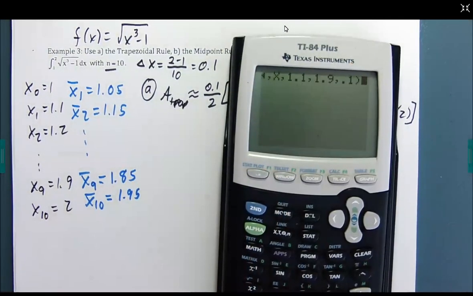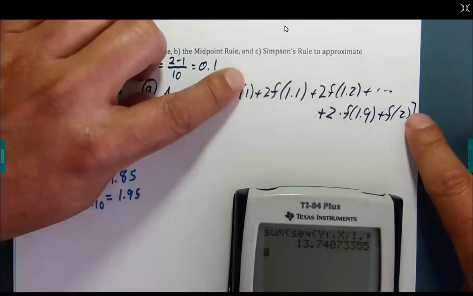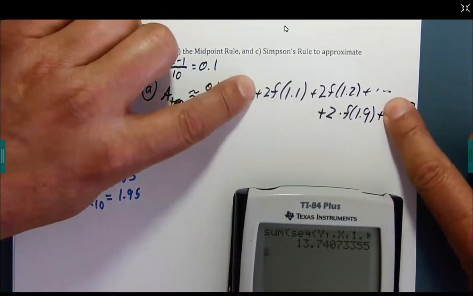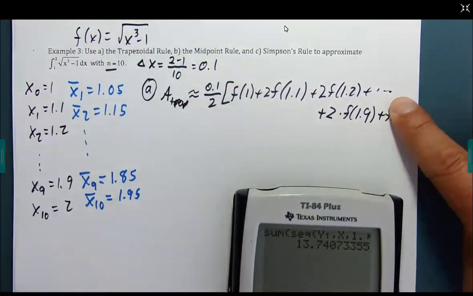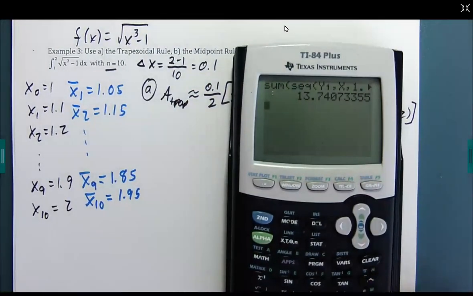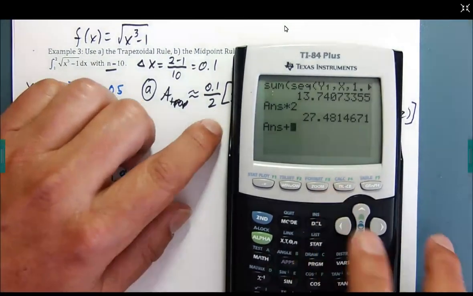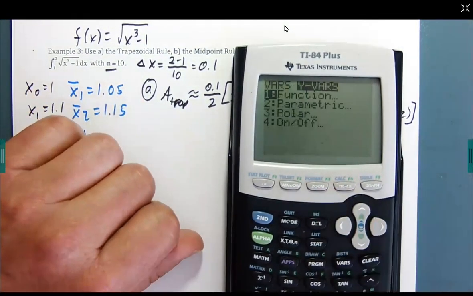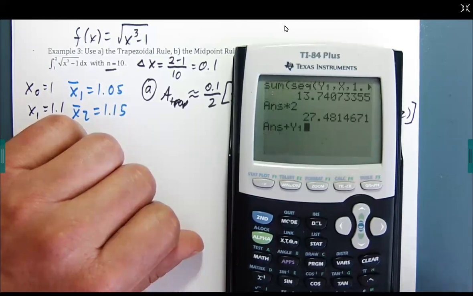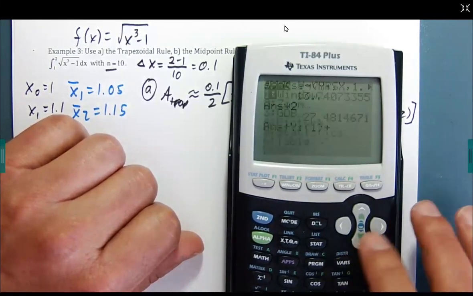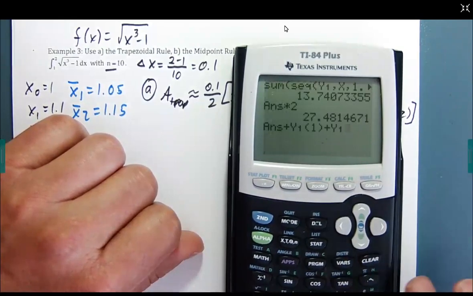So when I paste that, I get this number. Now, this is just the middle ones, so not including these. So I need to multiply that whole thing times 2, because they all have the 2 times them. Now I'm going to add vars, yvars, function, y1 of 1 plus vars, yvars at 2.